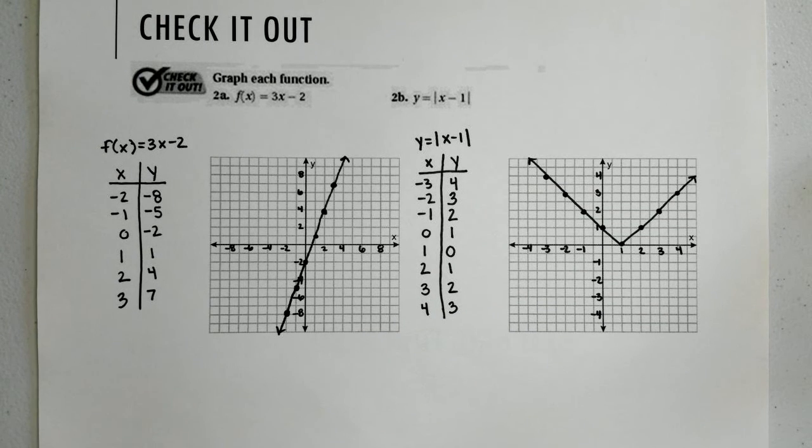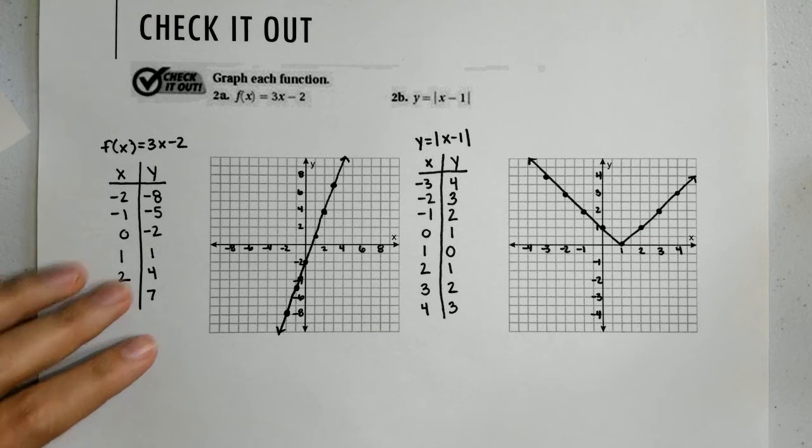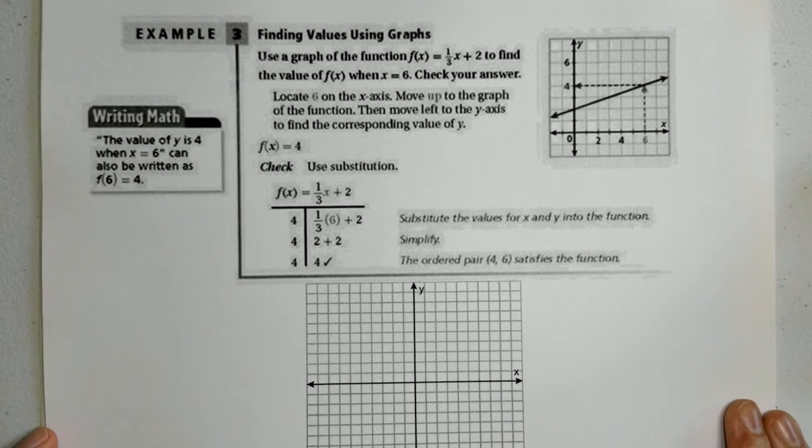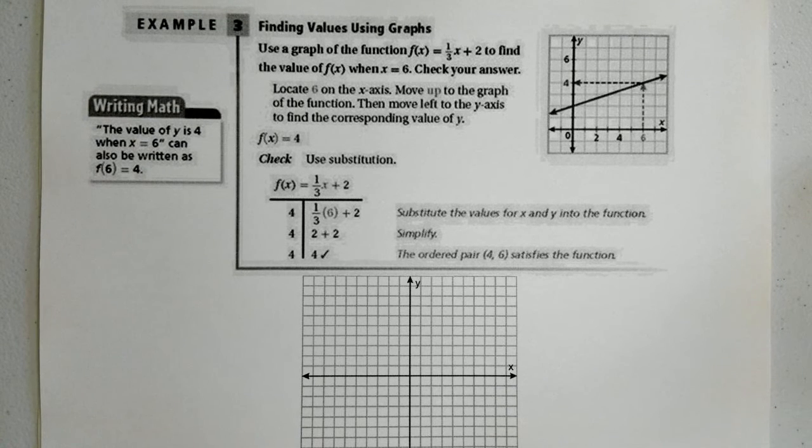All right. So now we're going to go ahead and look at example 3. Finding values using graphs. So sometimes you're going to be given a graph and you're going to be asked to use this graph, make a prediction, or find the value of y when x equals blank.